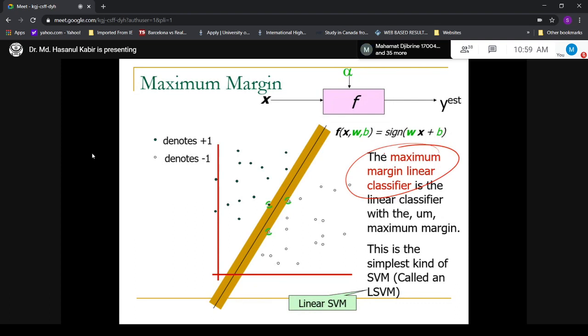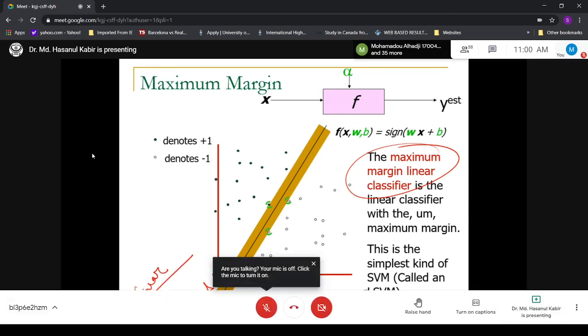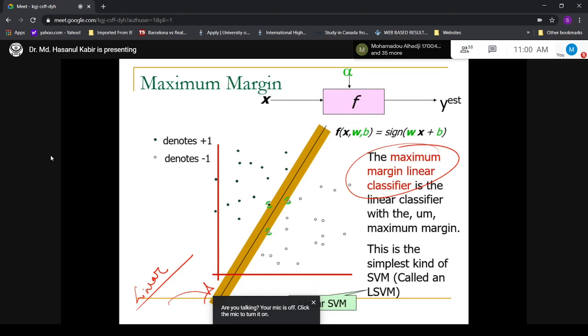So this decision boundary, is it linear? Yes, it is linear. So we want to find the linear decision boundary with the maximum margin. That's why this classifier is known as the linear support vector machine. Is this understood?